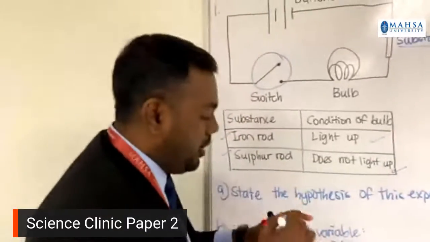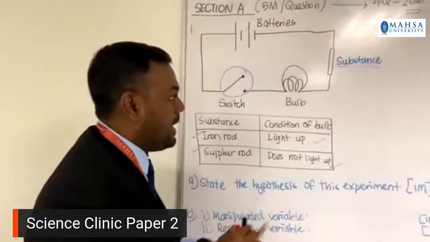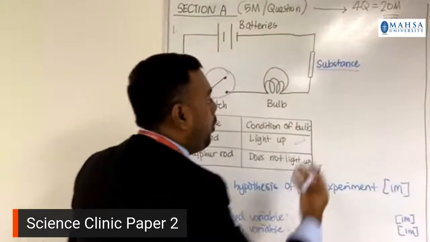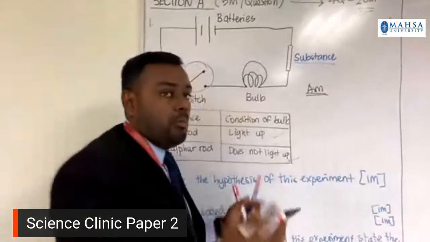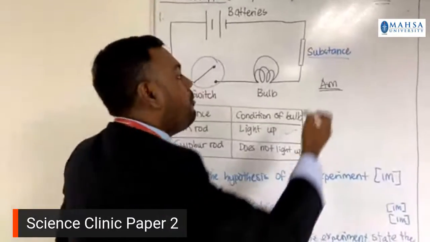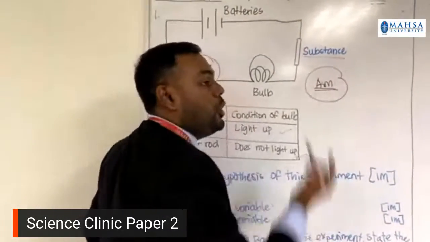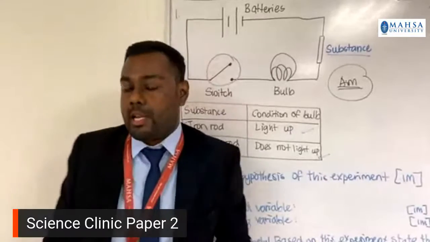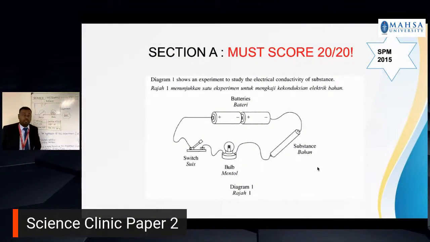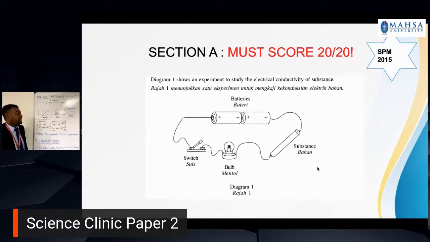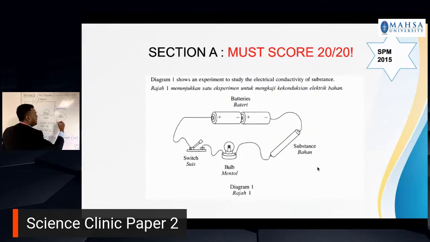Okay, so here what the students must do is, first, you must know what the aim is. Most of the time you can get the aim from the question booklet itself. Look at the instruction. Moderator, can you read the instruction for me? Diagram 1 shows an experiment to study the electrical conductivity of substance. Yes, to study the electrical conductivity.